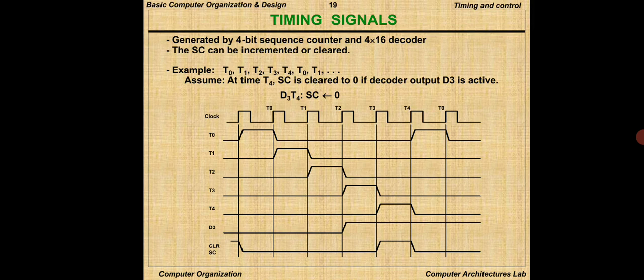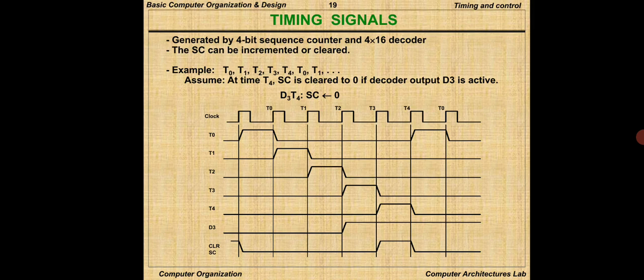In the second clock pulse, what I need to do is, the T0 state should be 0 and the T1 state will be 1, whereas T2, T3, T4 should be 0, and your D3 should compulsorily be 0 only, and your counter value will be incremented, it should not be cleared. So your clear signal should be low only. Okay, the same thing happens for your T2 state.